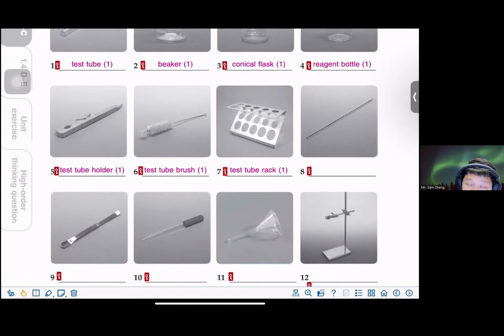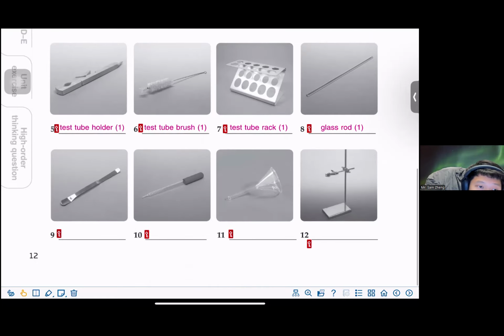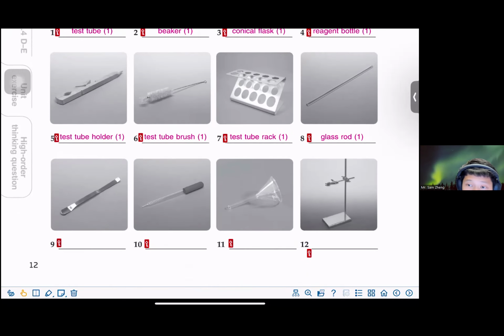And apart from that, we have the glass rod, a rod-shaped glass, and this glass rod will be used for stirring the liquid.